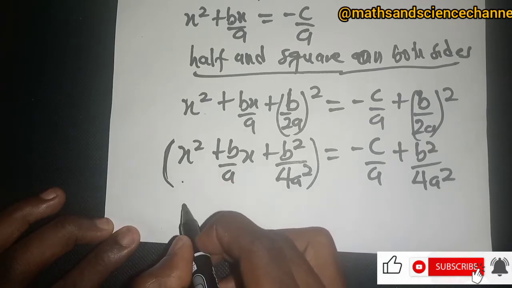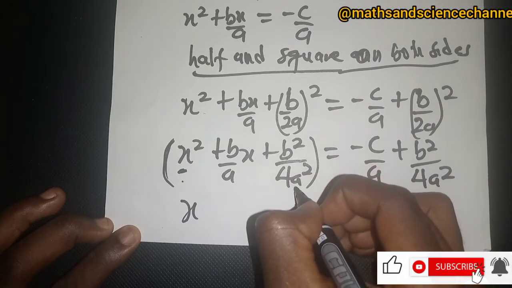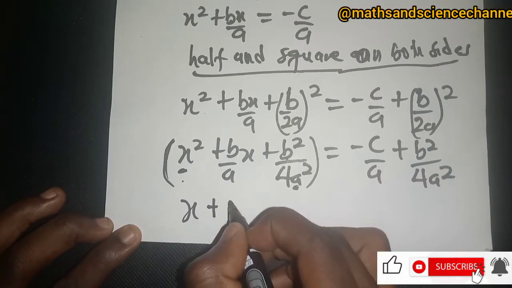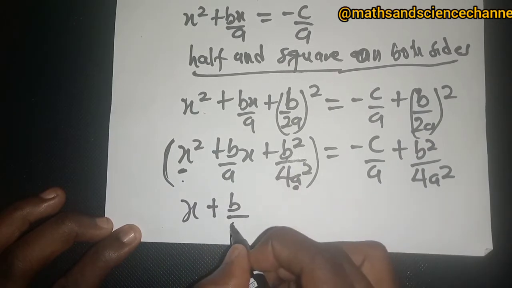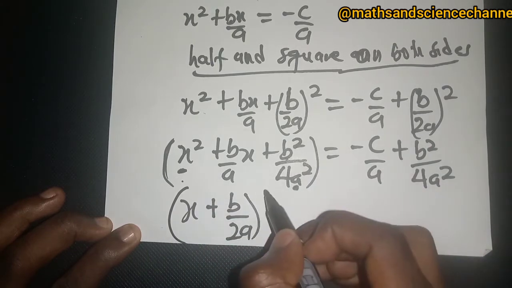So we take this x, then also we have b over a, so we have plus b over 2a, because it has been squared.